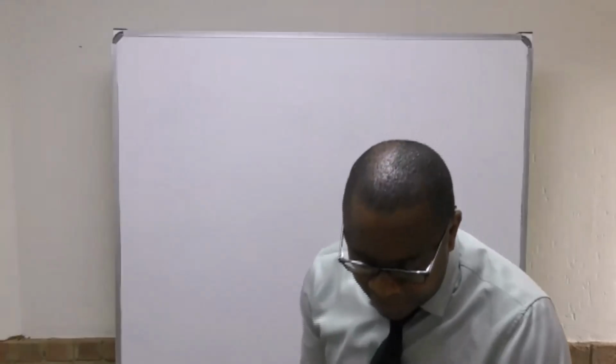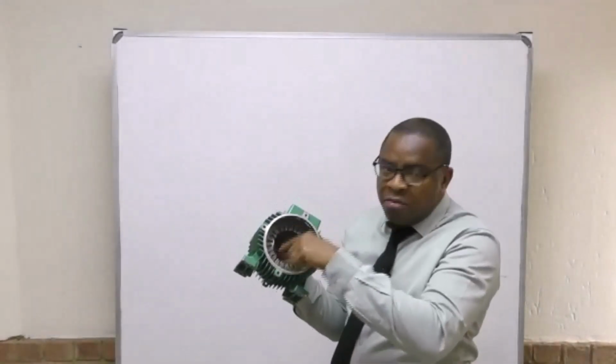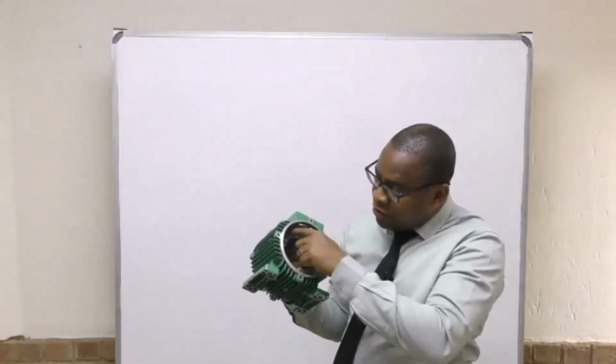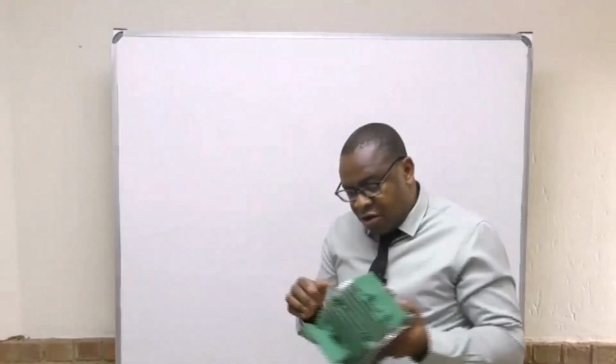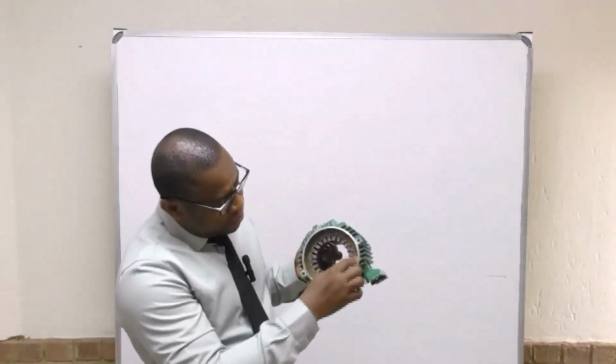So when we supply this motor, there's going to be some losses. The winding is here, and there will be some losses on this core. Remember the core loss, because this is an iron core that we use to make these slots.